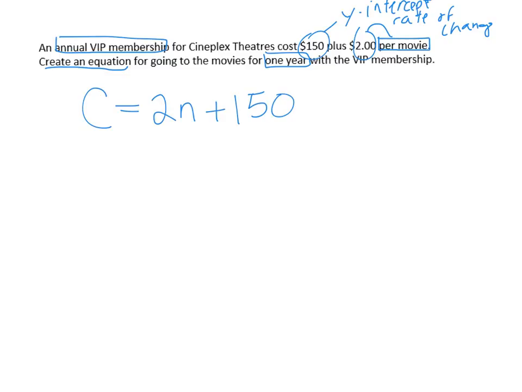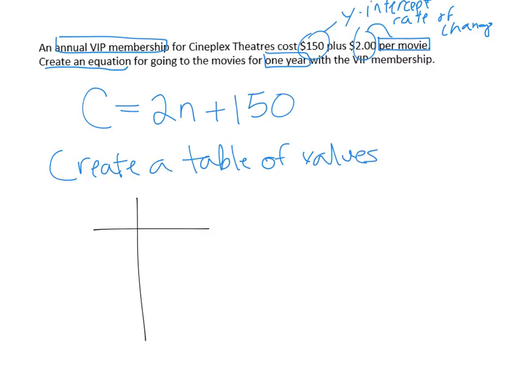If I wanted to create a table of values, then simply put here and here, this is number of movies that I go to see. And this here is cost, measured in dollars. Okay, so let's say I went to 0 movies, but I bought the VIP membership. It's going to cost me $150. Doesn't sound like a very smart idea to not go to any movies if you buy the membership.